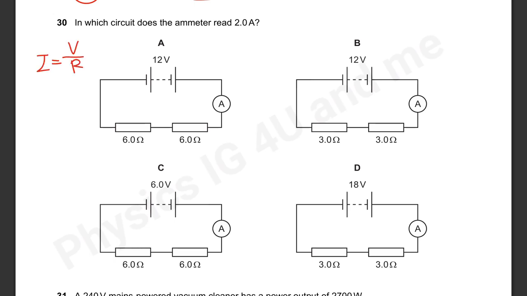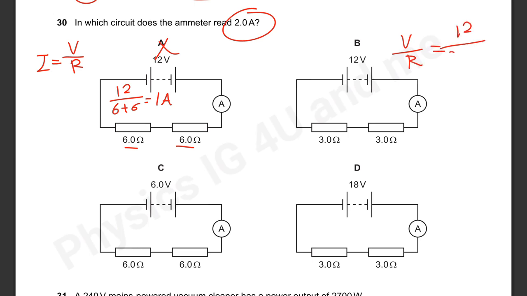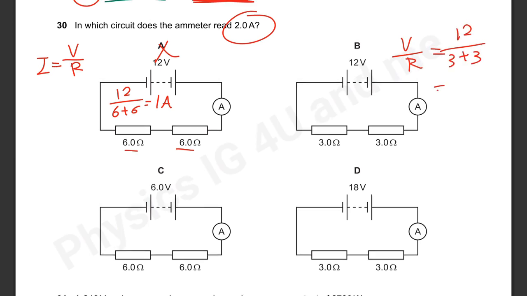So here it is going to be 12 over 6 plus 6, which equals 1 ampere. So A is wrong, they want 2 ampere. Let's check B. It's going to be volt over resistance, 12 over 3 plus 3, which equals 2 ampere, correct?